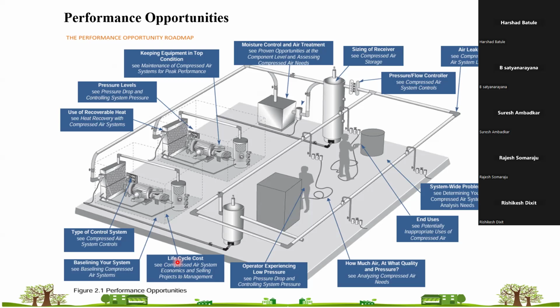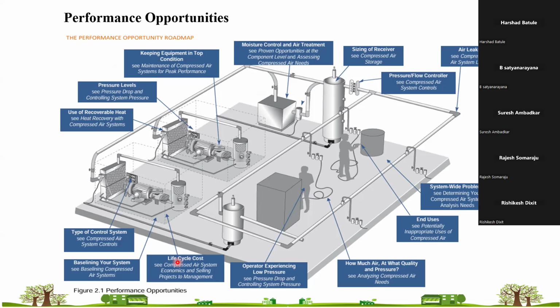But in a compressed air system, your OPEX cost would be more than 80%. Your capex would be 10% of your entire life cycle. 80% would be OPEX cost, and another 8 to 10% will be your space and maintenance cost.